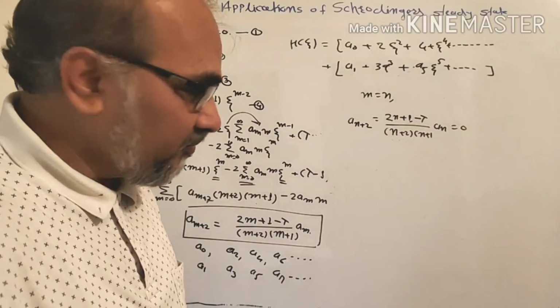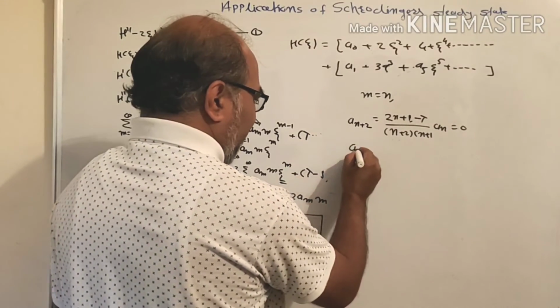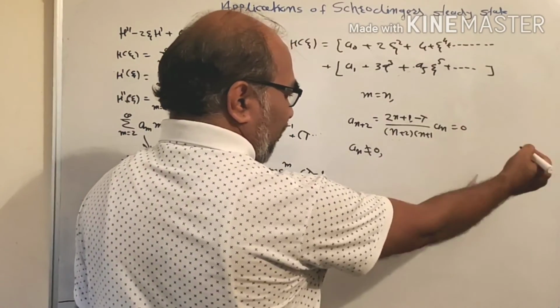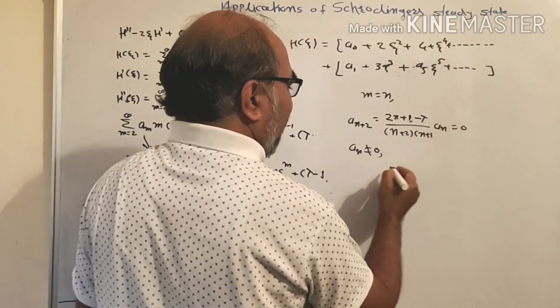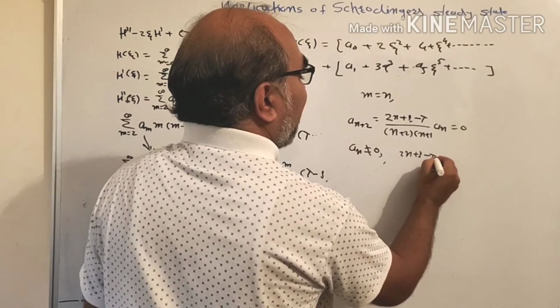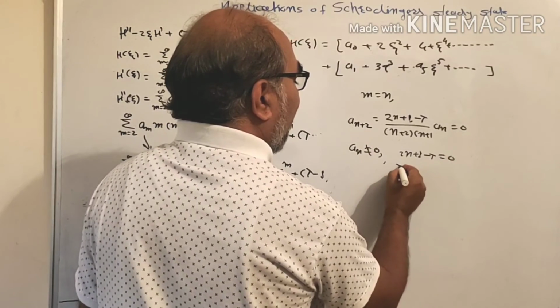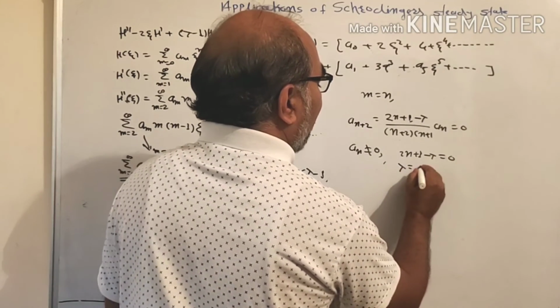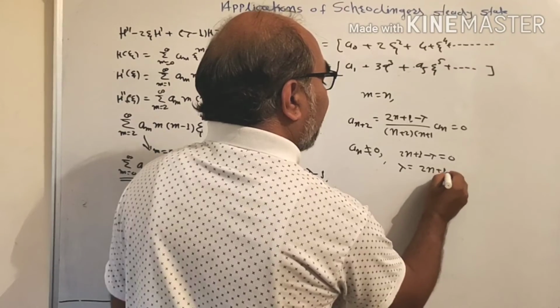After that, an is not equal to 0, which means this term is equal to 0, and therefore 2n plus 1 minus lambda is equal to 0, so lambda is equal to 2n plus 1.